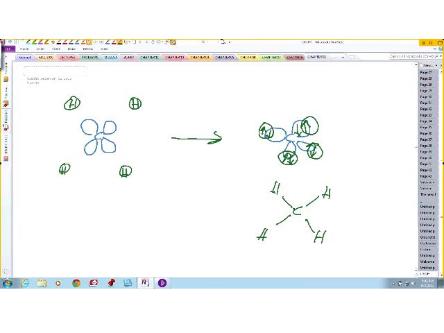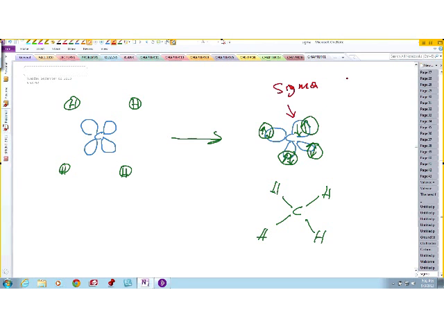Now, each one of these bonds, because there is a head-to-head overlap of the bonding orbitals, the s orbital of hydrogen and the sp3 orbital of carbon, we refer to this as a what? Sigma bond. Very good. Excellent. So we refer to this here as a sigma bond.